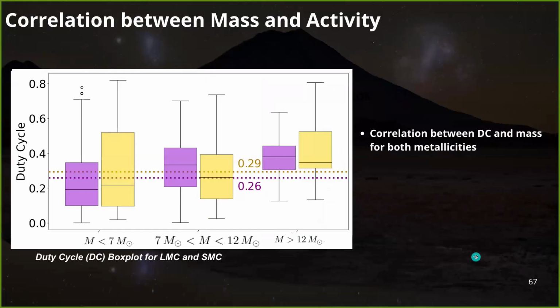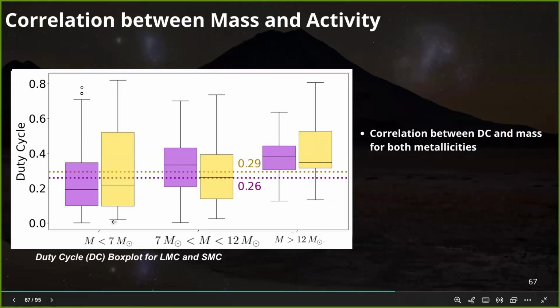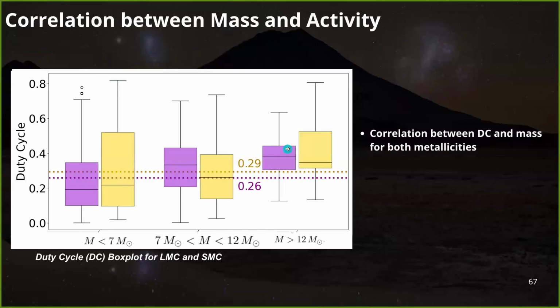Well, when we contrast different mass bins, what we are showing by those box plots here, we see that there is a mass effect in both metallicities for LMC and SMC targets.